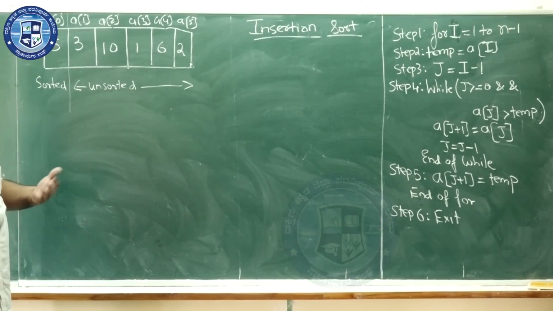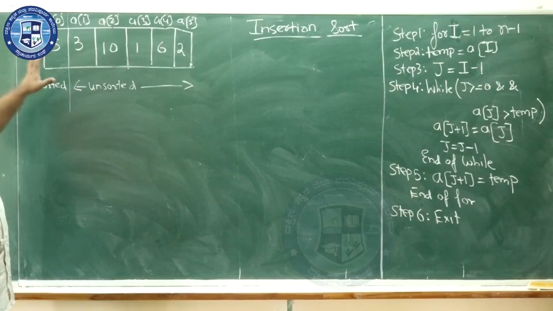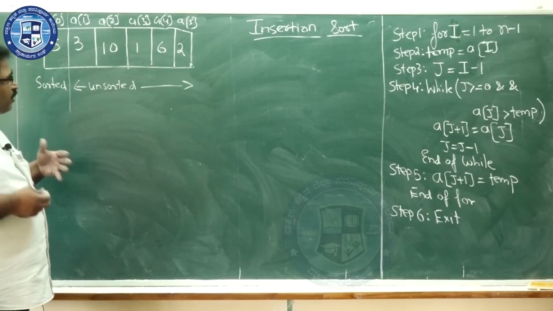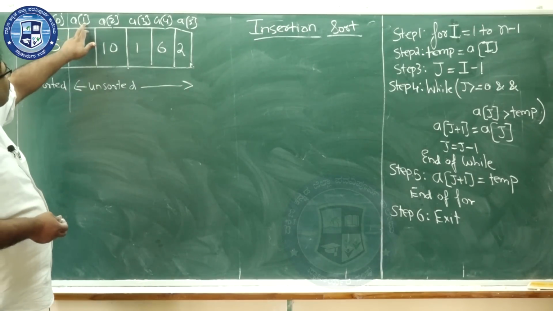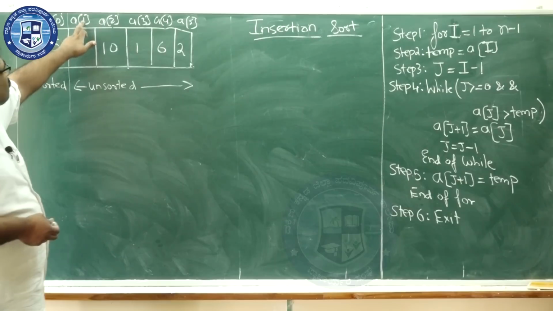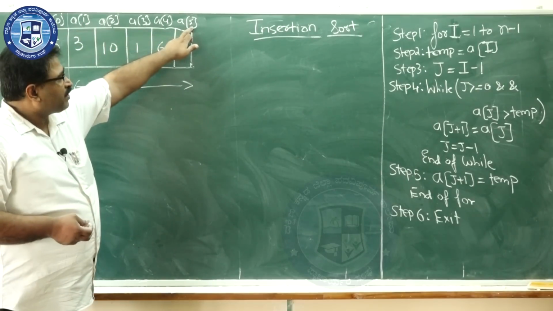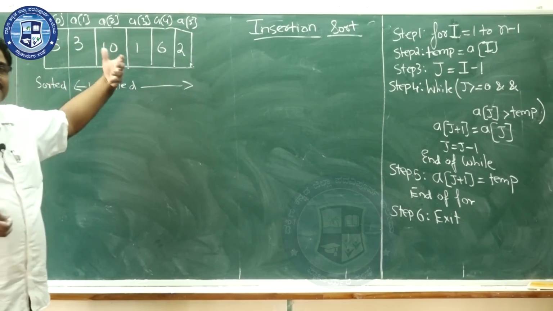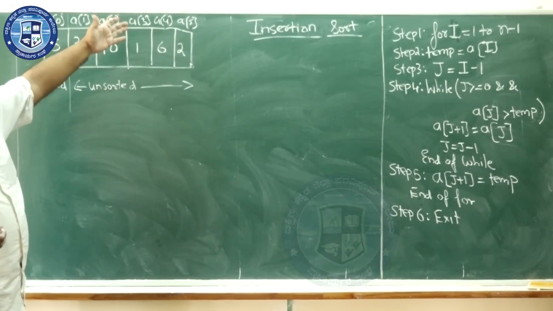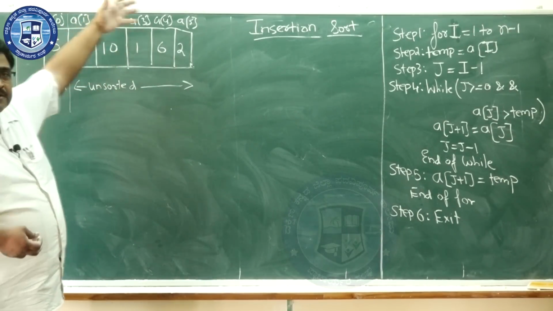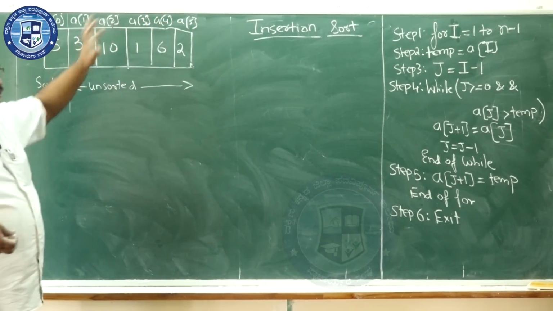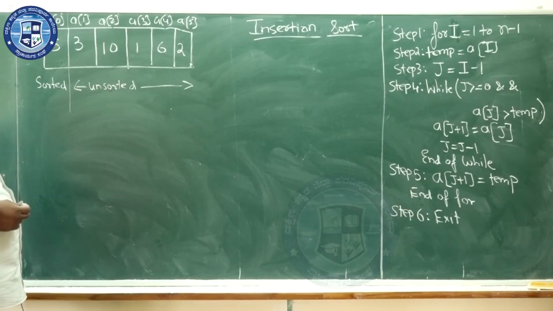Because we know that one element we don't need to sort, so this is already sorted. Now the first step is, you can see that you have to travel from 1 to 5, that is 1 to n minus 1. So your outer loop basically has to be the number of passes, 1 to n minus 1.